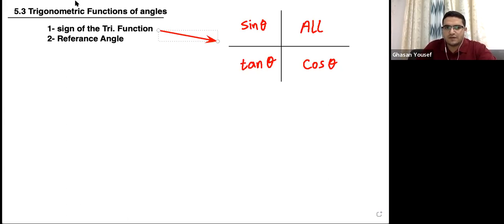But about the reference angle for the function, I said it is the acute angle between the x-axis and the terminal side.